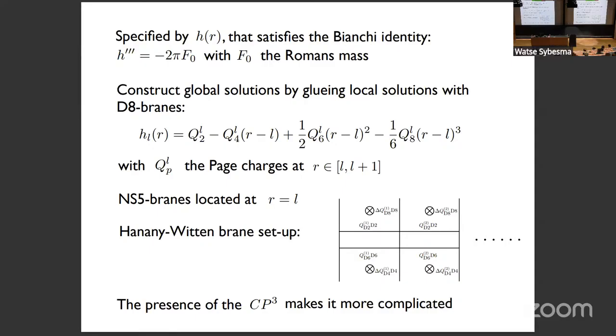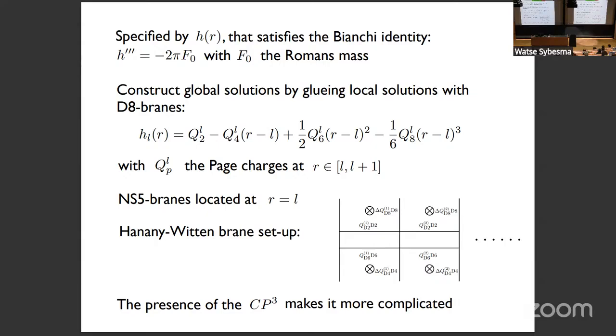So this function H, I was saying, this labels the solution. This satisfies a Bianchi identity in terms of its third derivative and proportional to the Romans mass. So this means that the most general solutions that you can construct globally, you can do it gluing local solutions with the D8 branes.